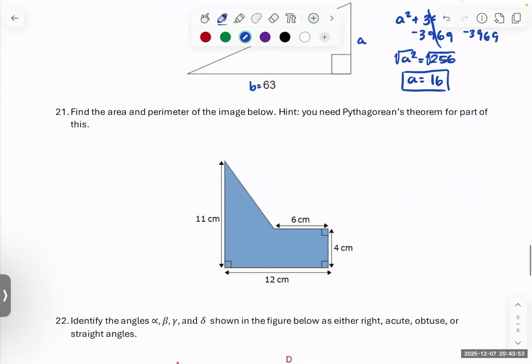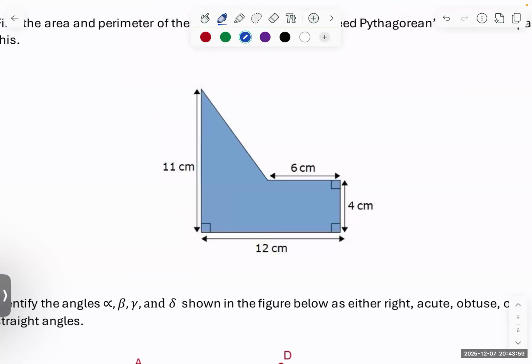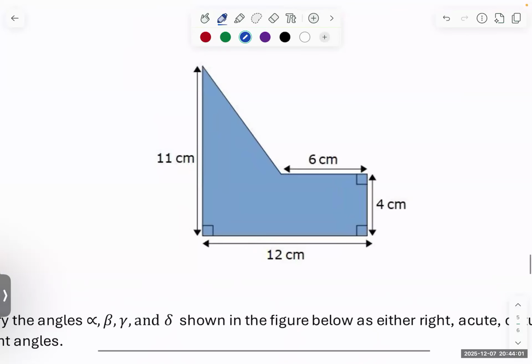Okay. Find the area and perimeter of the image below. So let's find the area first. The area here is essentially just a rectangle and a triangle.